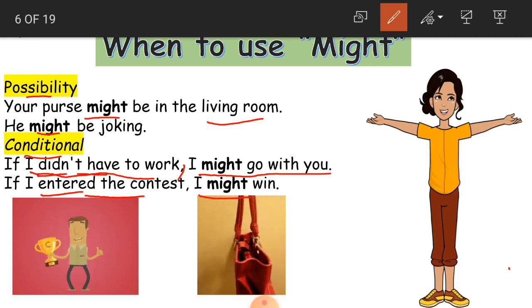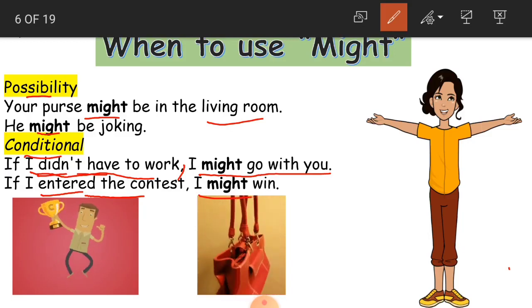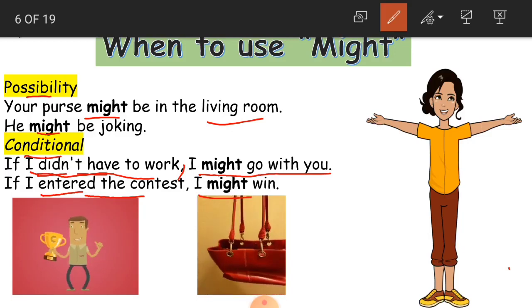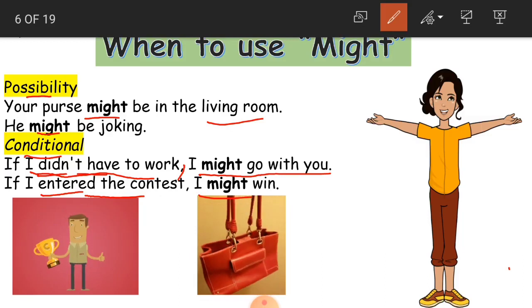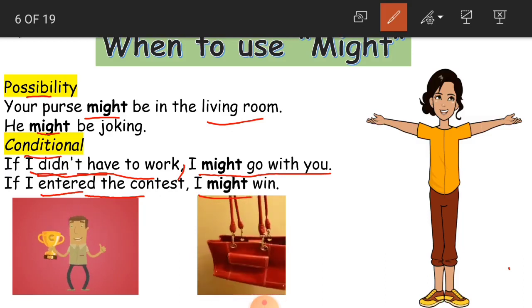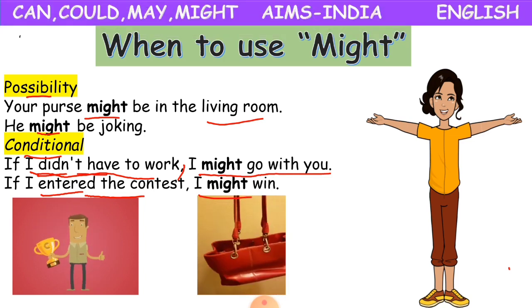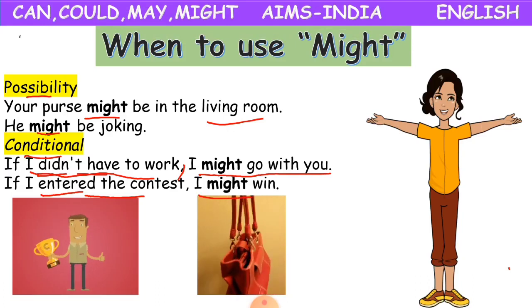Clear, children? As mentioned here, if I entered the contest, I might win. If I studied well, I might get the first rank. Okay children, so like this, these are conditional sentences.